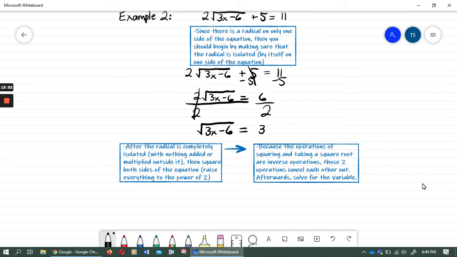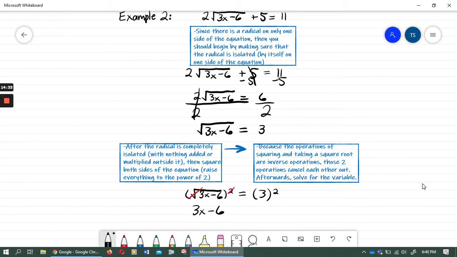All right, so let's go ahead and do that. Let's square both sides of our equation. Let's raise both sides of the equation to the power of 2. And when we do that on the left side, the inverse operations of squaring and taking the square root are going to cancel each other out, and we'll just be left with the 3x minus 6 on the left side of the equation.